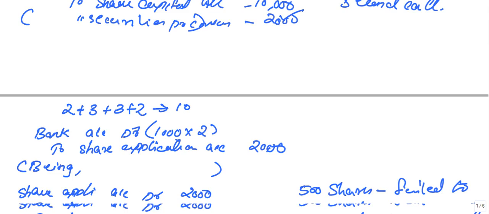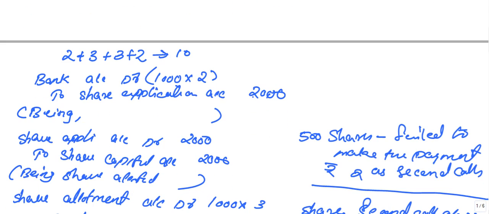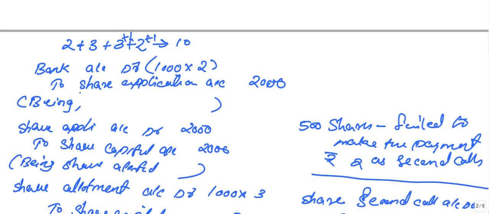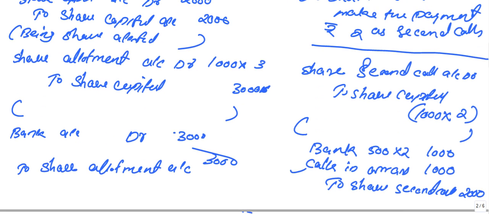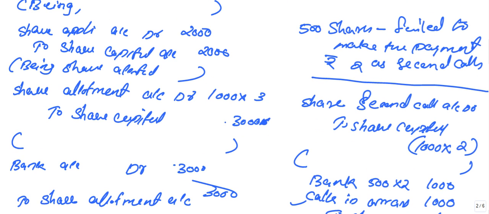If it is an installment case, we do it along with whichever installment it is collected with. Here I am saying I collected 1 rupee here and 1 rupee here. So in the first call journal entry we didn't write it; we adjust the share premium account in the second call.